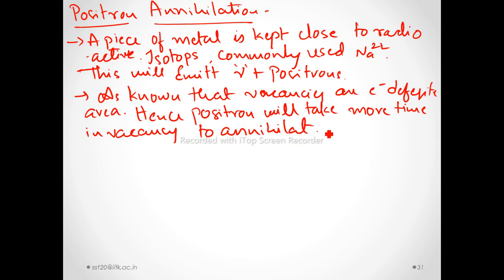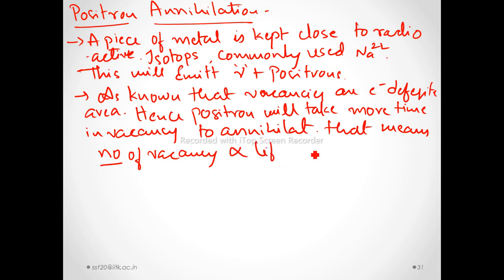That means the number of vacancies is directly proportional to the lifetime of positrons.